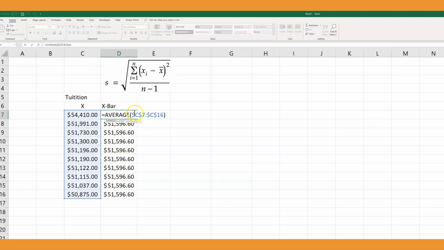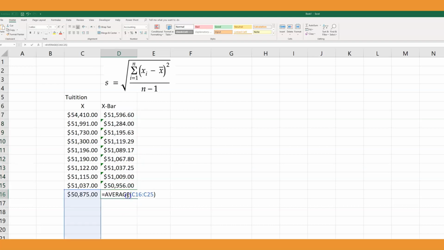The reason I was able to repeat them is that I locked the cell, or the range, by hitting the F4 function key on the keyboard. All right, so this is allowing me to do it. If I do not do this, and I use the fill handle to do the same thing, it's going to wreak havoc on me, because the fill handle is going to pull it in relative mode, not in absolute mode.